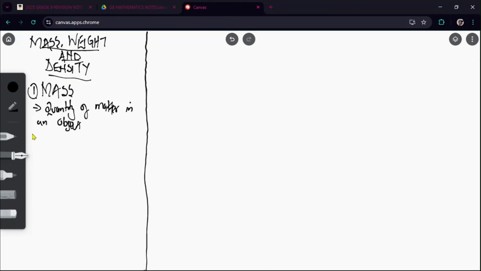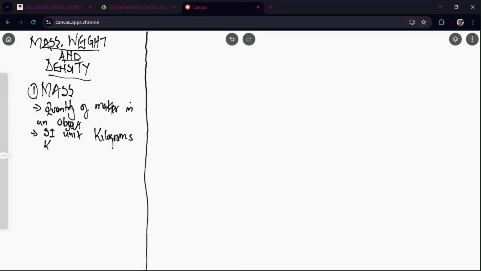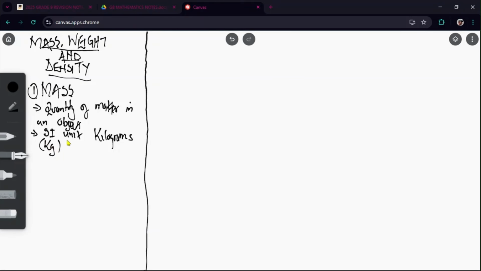And the SI unit of measuring mass is kilograms, and the symbol for that is kg. So mass is the quantity of matter in an object, and the SI unit of measuring mass is kilograms.